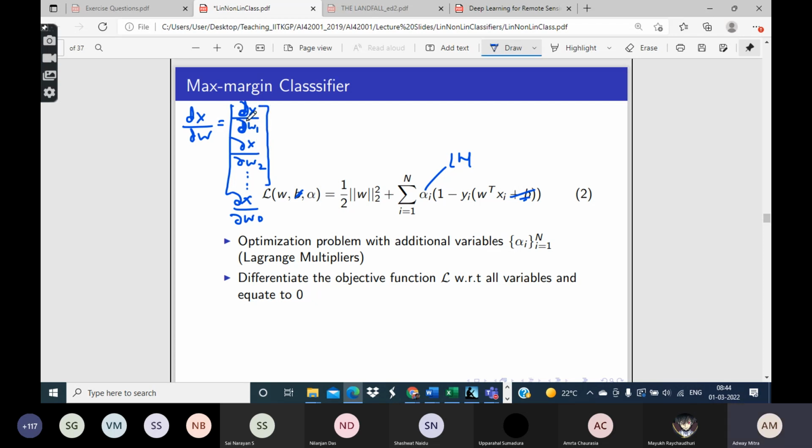So it's nothing but taking the derivative of the scalar quantity with respect to the individual elements of the vector. Okay, so that is how we do the vector differentiation.